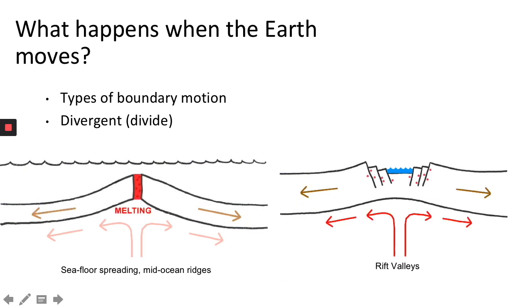It's being divided because the convection currents underneath are pushing them apart from themselves. For oceanic crust, this leads to seafloor spreading, which you studied in week 2 or week 1 of KCS at home. And then over here on the right hand side with continental crust that's being divided, we get rift valleys. As the continental crust is being divided, it kind of sinks down a lot like taffy or caramel.